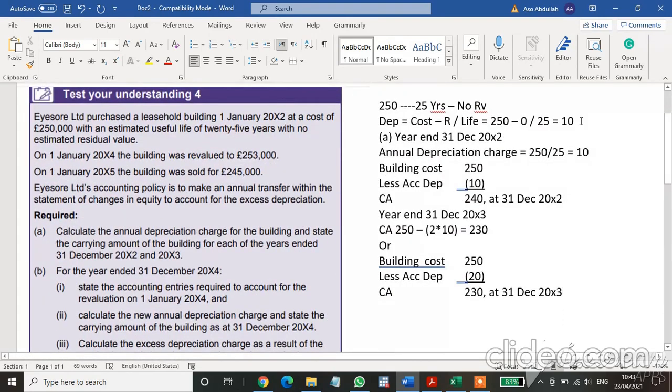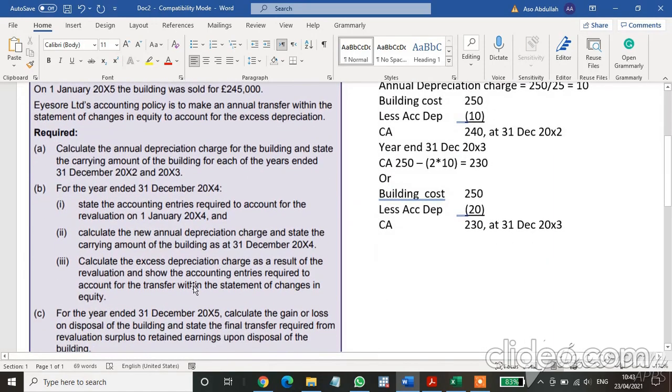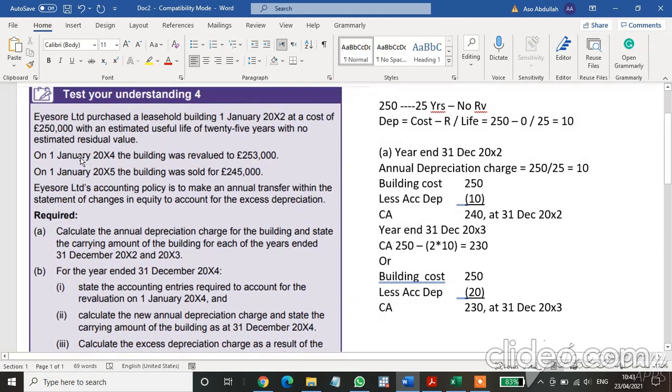If we look at B, it says for the year ended 31st of December, you have to calculate and then state the account entries required to account for the revaluation on January 2004. On January 2004 we revalued our building and it is worth 253. We know on 31st of December it is worth 230.